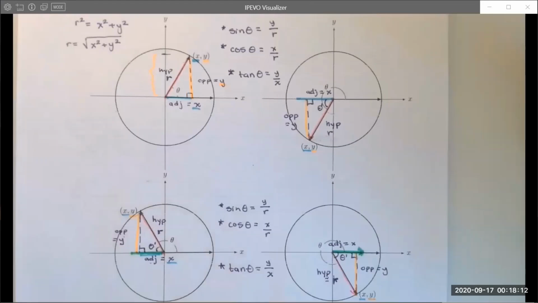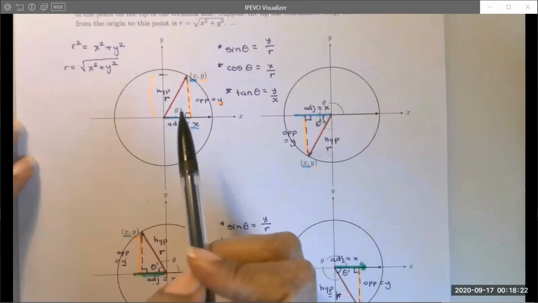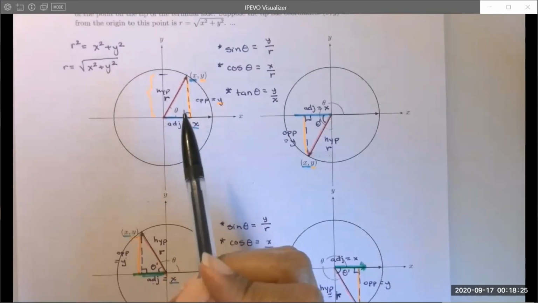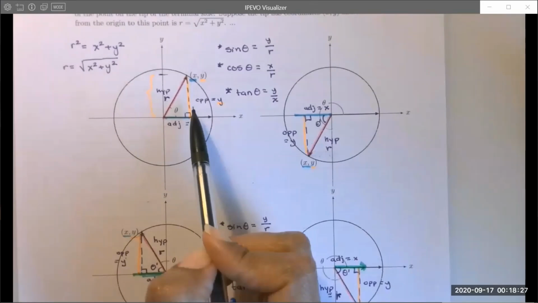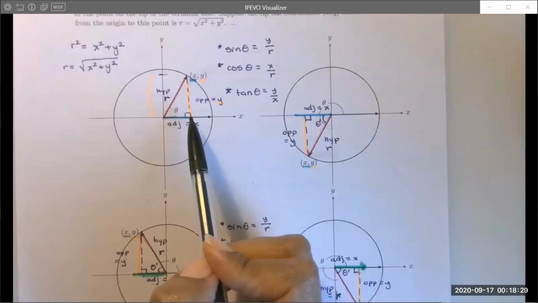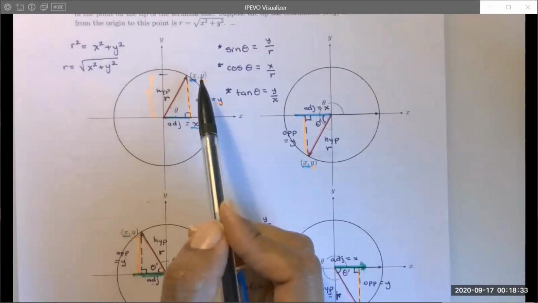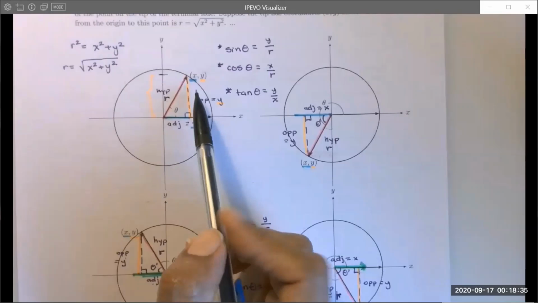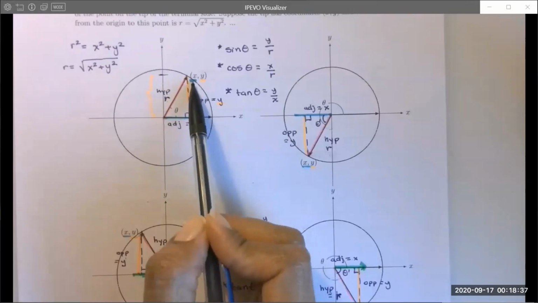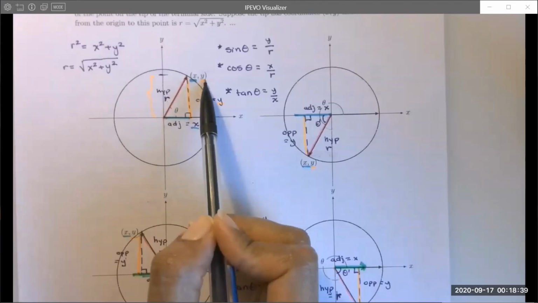Is this going to relate to the all students take calculus? Yes, it will. In fact, that's a very good observation. All students take calculus tells us which trig functions are positive in which quadrants. So in the first quadrant, all of the trig functions are positive, right? And if you look at the x and y coordinates of the point, it lets you know why.